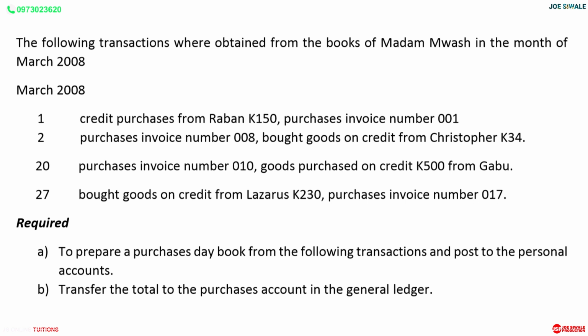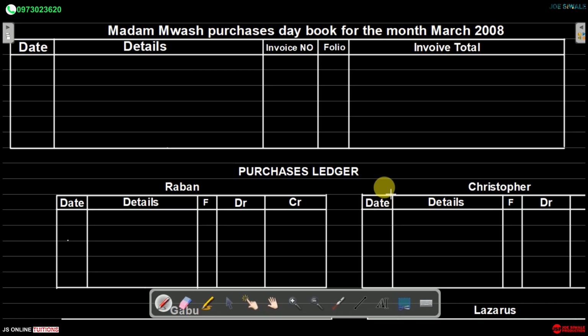So we are going to start by preparing the purchases daybook. For us to prepare the purchases daybook, you know that the first thing that we must do is write down the title. I've already written the title, and it reads Madame Mwashi Purchases Daybook for the month of March 2008.